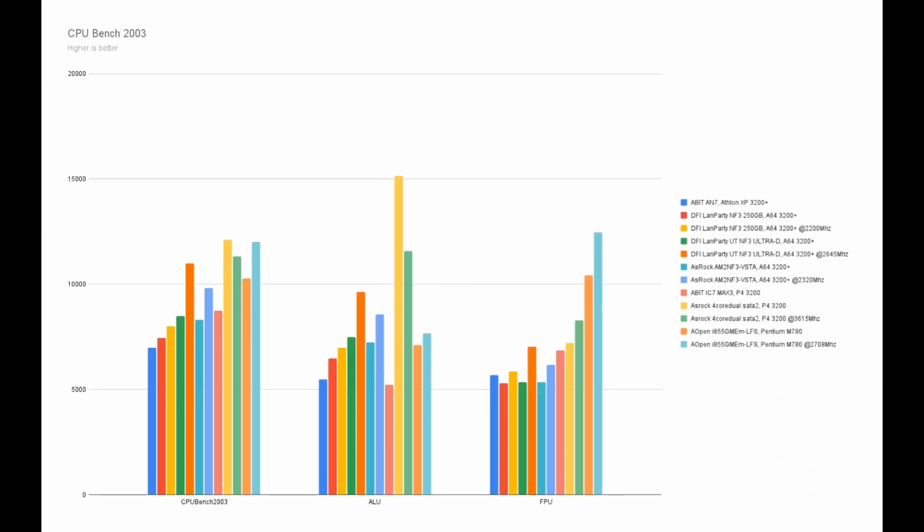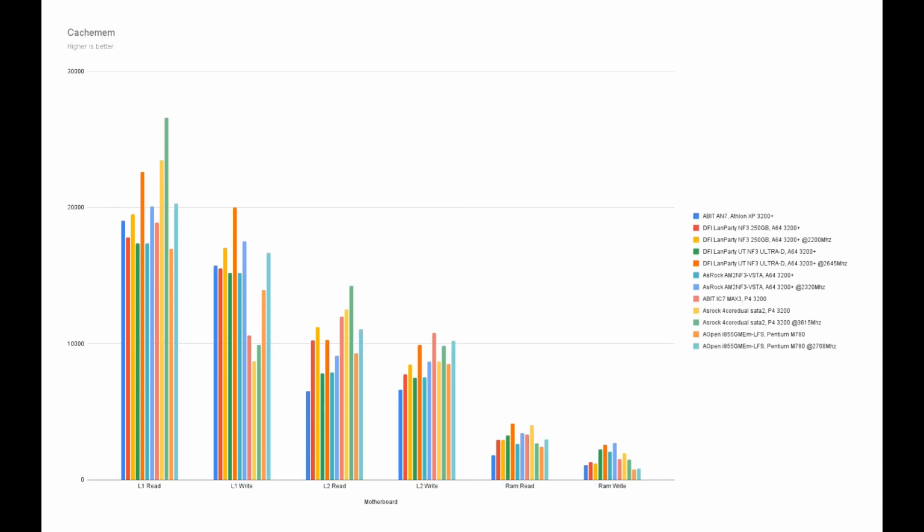Even CPU bench shows the same score, with a little variation in the arithmetic logical unit section. I was really hoping to see some advancements in the level 1 or level 2 cache speeds, and I also hoped DDR2 would shine in the memory tests. But after all, I was forcing it to run on 200 MHz, and also the nForce 3 chipset is rather old for this CPU.